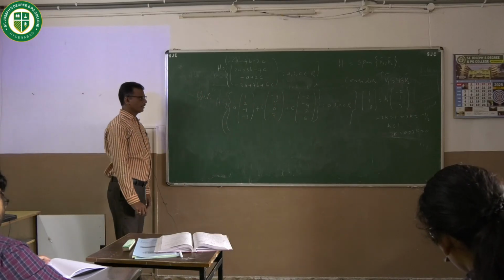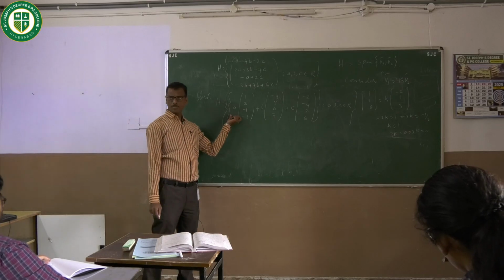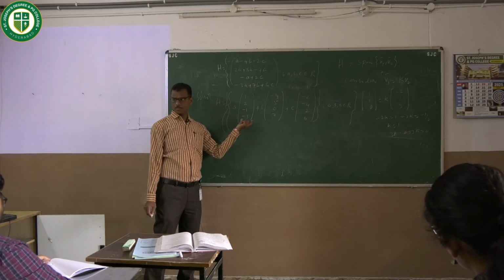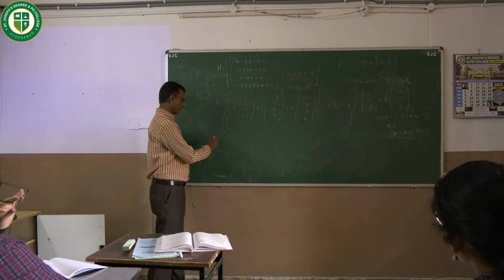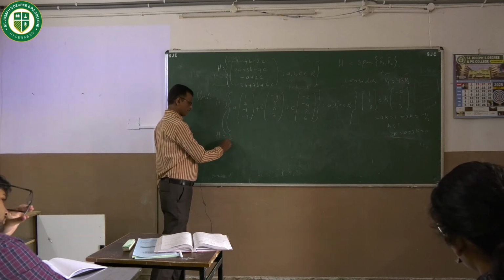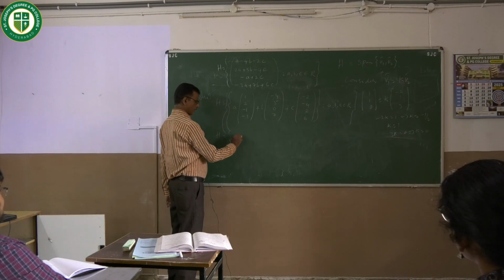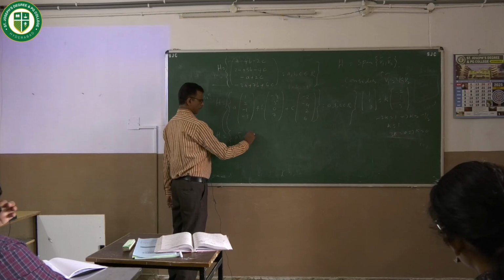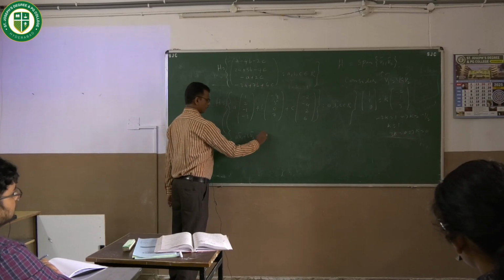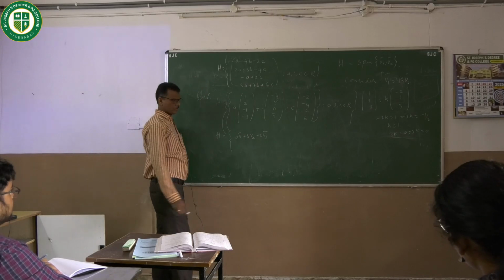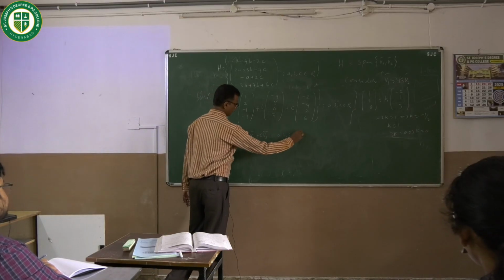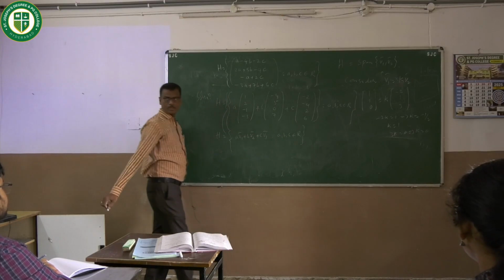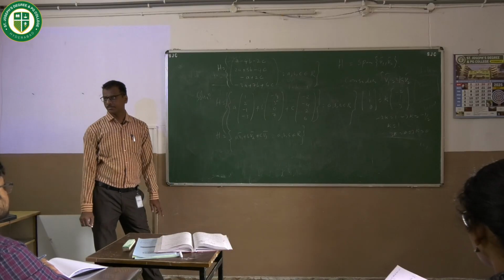Right? So now, what is the combination? A into V1 bar plus B into V2 bar plus C into V3 bar. So what do you write? H is equal to A into V1 bar plus B into V2 bar plus C into V3 bar, such that A, B, C belong to real numbers. Is it clear?